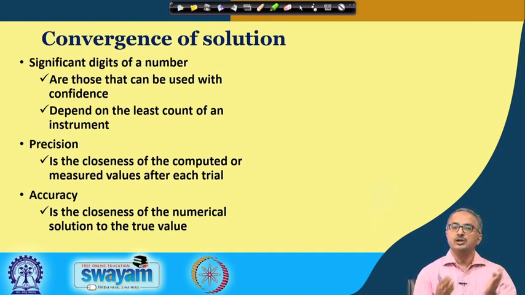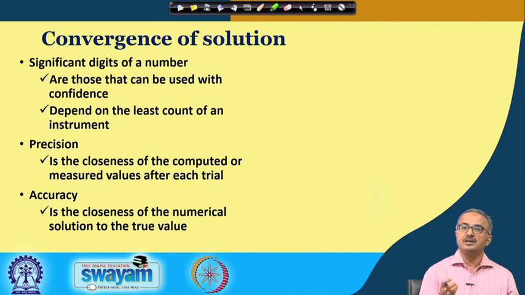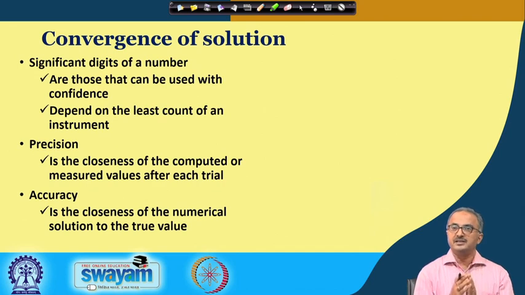So you should better restrict yourself, and we call these three the significant digits for the solution or whatever you are reporting. This is what I meant by saying that it depends on the least count of the instrument. As we keep on increasing the accuracy of the instrument, the number of significant digits also starts increasing.